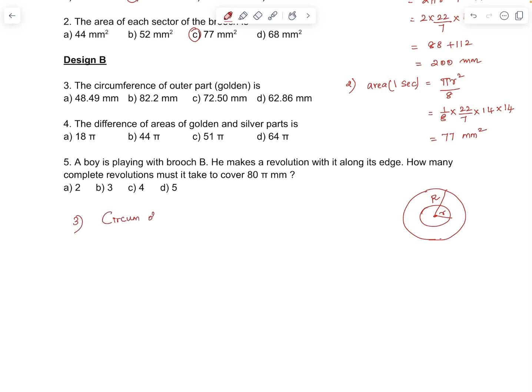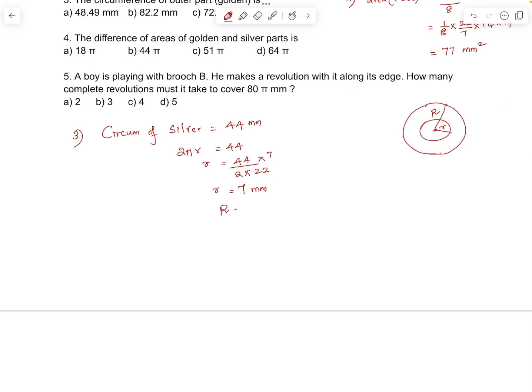Circumference of silver is 44. 2 pi r is 44 millimeter. From here we get r equals 44 upon 2 into 22 by 7, which is 7 millimeter. So this is the radius of the inner ring.